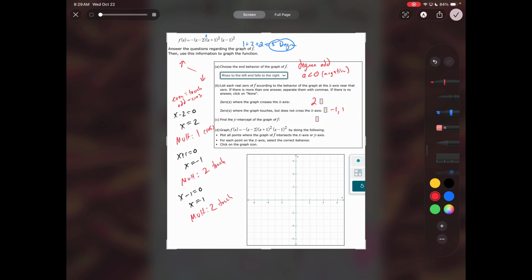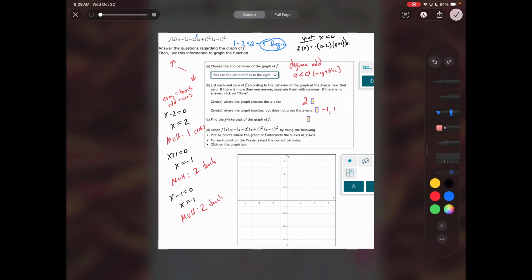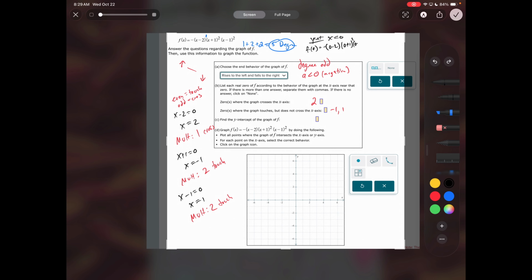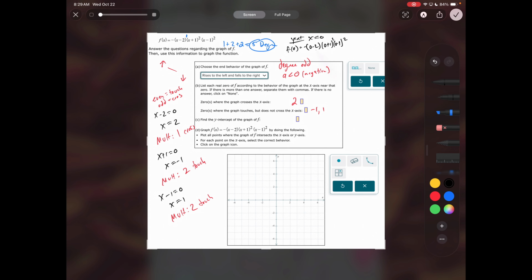To find the y-intercept, you make x be 0, which is usually fairly easy to do. 0 minus 2 with a negative out front, 0 plus 1 squared would be 1, 0 minus 1 squared would be 1. So that would be positive 2. So my y-intercept is at 0, 2.